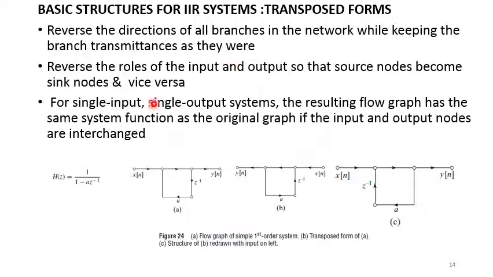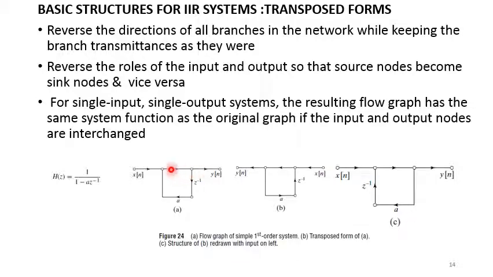So for example, we have a system that has a system function equal to 1 over 1 minus a z inverse. The signal flow graph for this will be as shown here. Now to transpose this one, the inputs will be outputs and the outputs will be inputs. So this point will become y of n and this will become x of n.